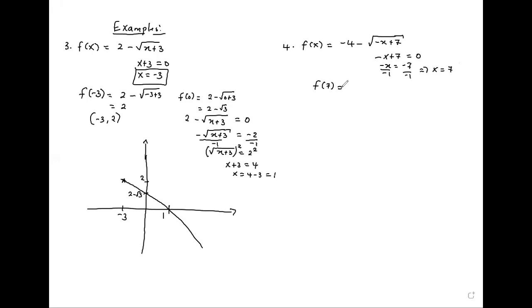Then you start again by equating f of x to 0. So you take 7 into the function again, we'll have -4 minus √(-7 plus 7), giving us -4, meaning that the starting point is (7, -4).